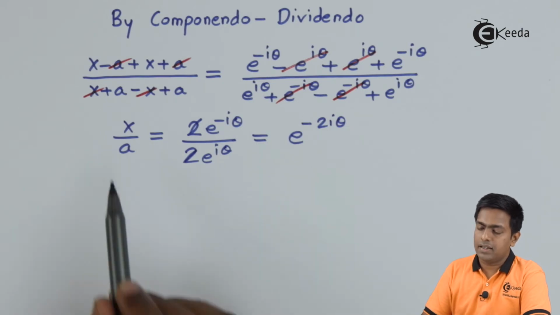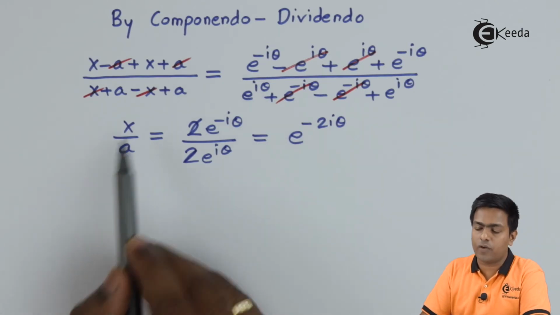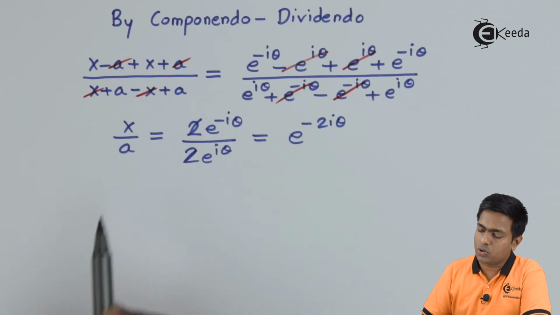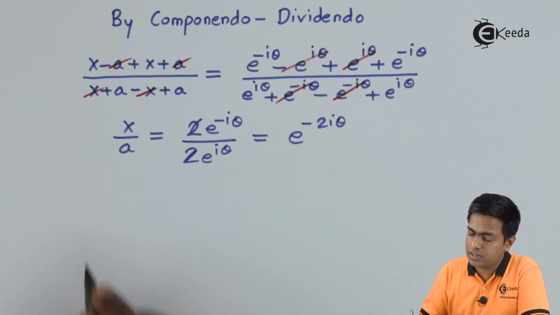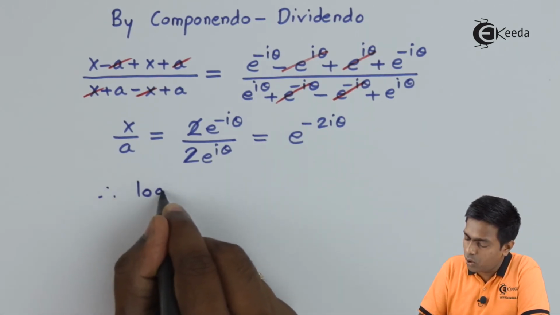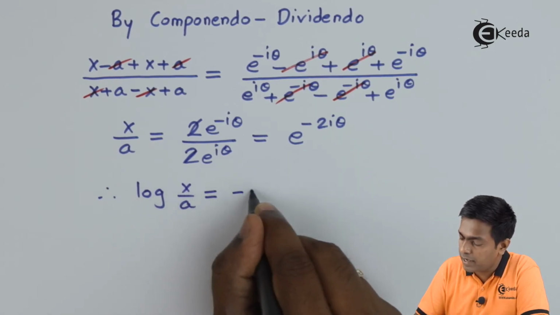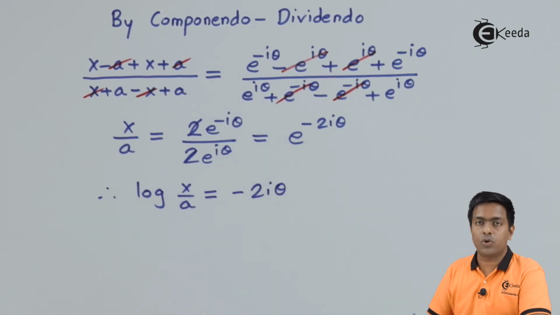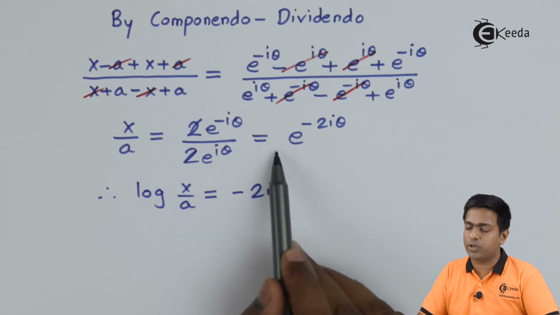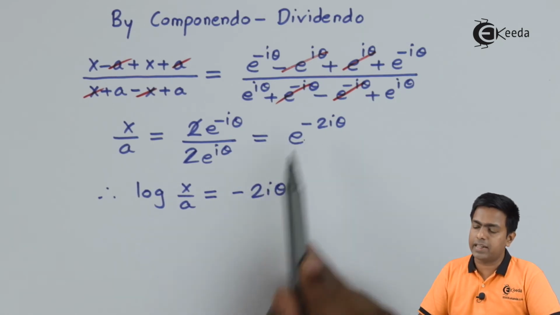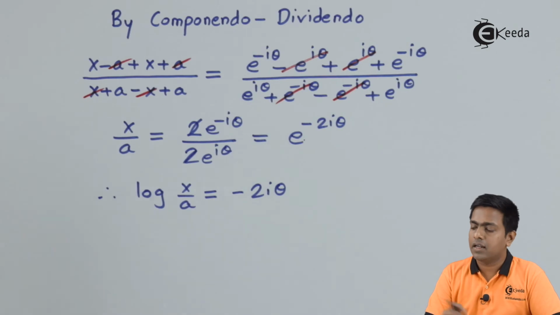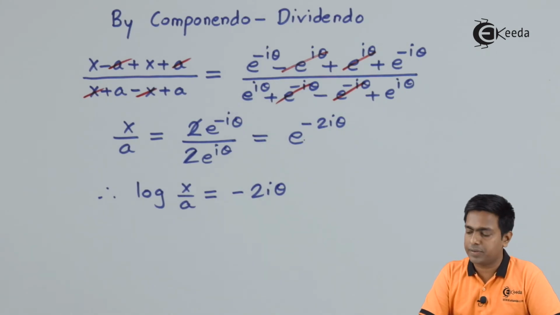Now guys, since in the answer we want log of x plus a, so what I'll do is I'll take log on both sides. So therefore here we'll get log of x upon a is equal to minus 2I theta. So when we'll take log on both sides, so here log to the base e and this a will be cancelled and we'll get minus 2I theta.